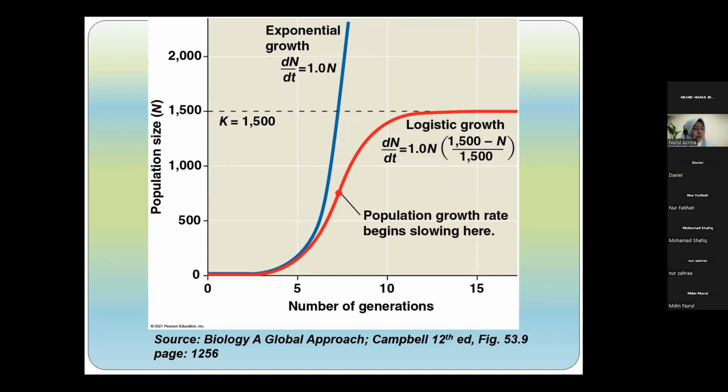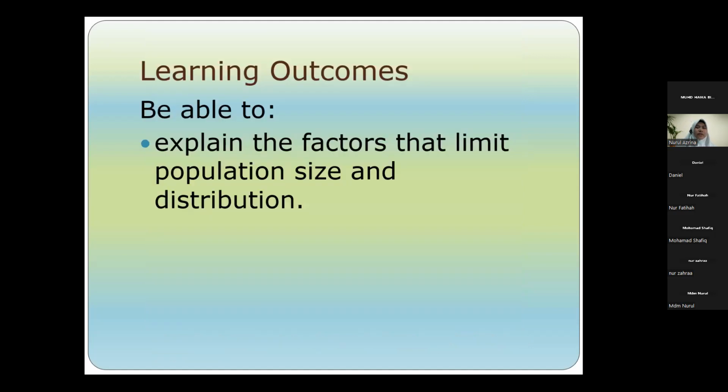You can see that for the S-shaped growth curve, the population starts to slow down at this point, and at this point the population growth has already reached the carrying capacity. Given to you, the carrying capacity of this population is 1,500. So this is the calculation of K minus N over K for the S-shaped curve. All right. So far, any questions?